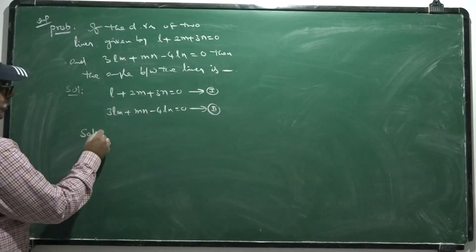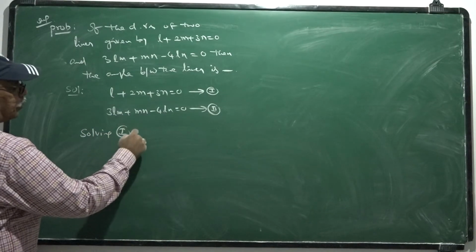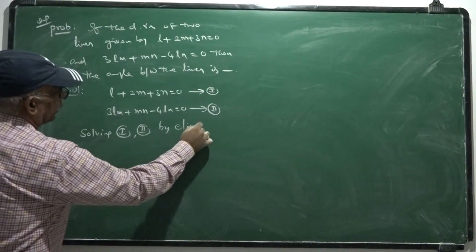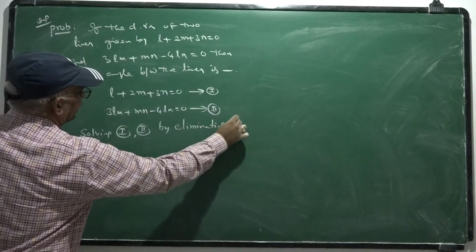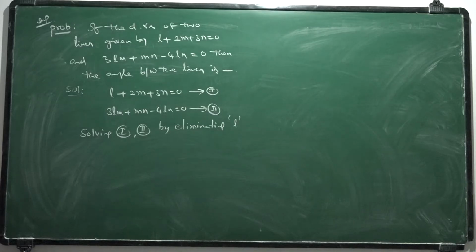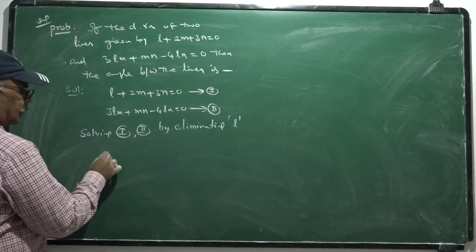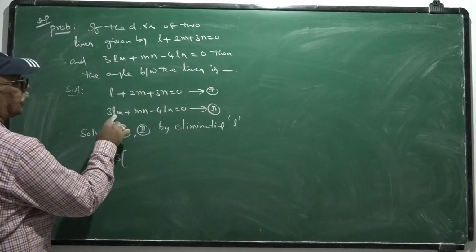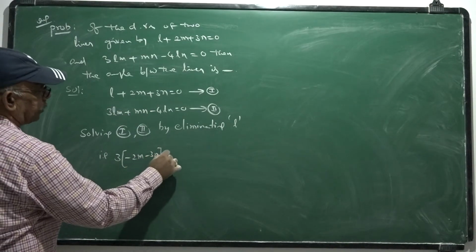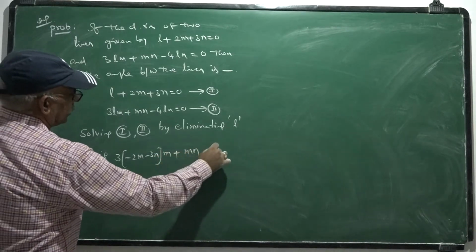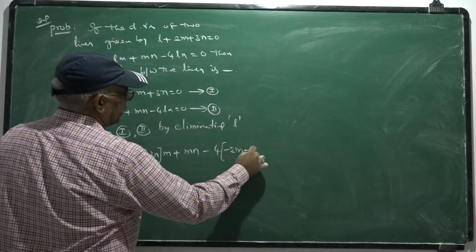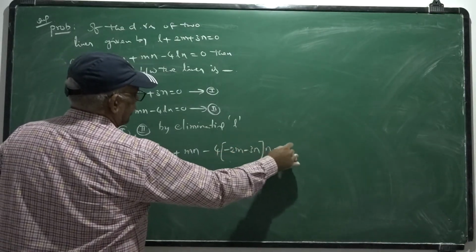So solving 1 and 2 by eliminating l. You can immediately eliminate l from these two equations. That is 3 into l may be written as minus 2m minus 3n here. So 3 into that, plus mn as it is. 4 into l may be written as again minus 2m minus 3n into n is 0.